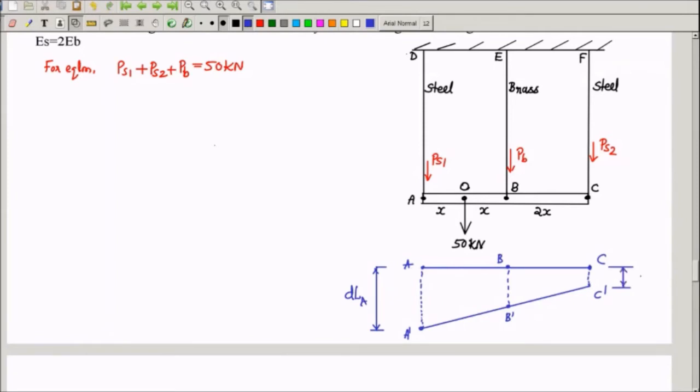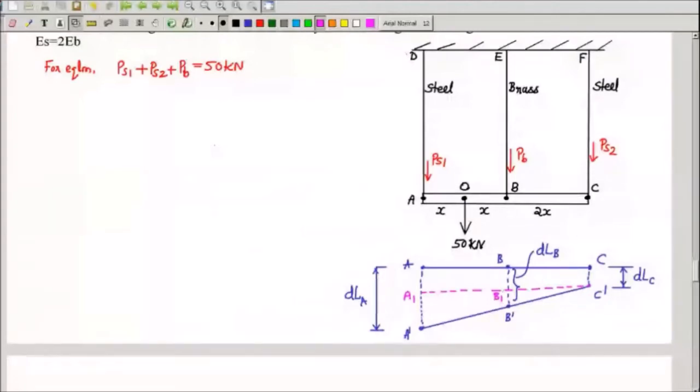This distance is the change in length for the point C, and this distance, DL of B, is the deformation in the brass, DLB. I'm drawing a line here through the point C dash, and I will call this point A1 and this point B1. Why I am drawing like this is that I want to get a relationship between DLA, DLB and DLC.